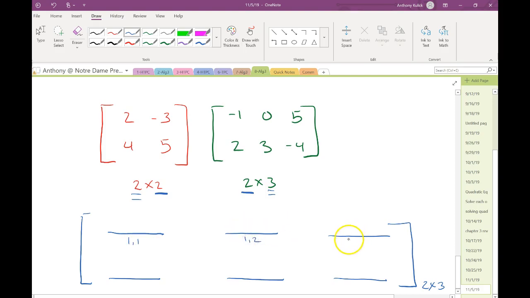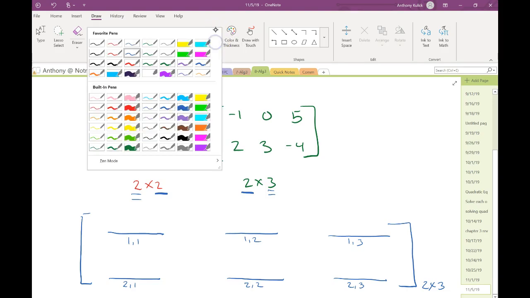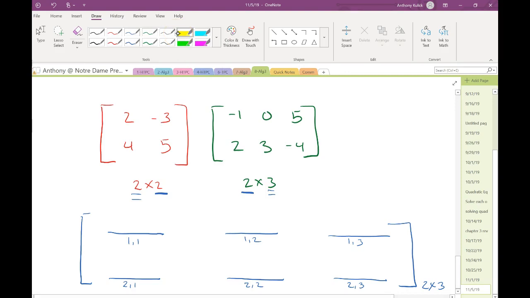This guy would be 1,2, 1,3, 2,1, 2,2, and 2,3, right? That's how we name those entries. In addition to helping us name the entries, this is also helpful for matrix multiplication, because the location of the entry tells us which row and which column we multiply together to get that specific entry.